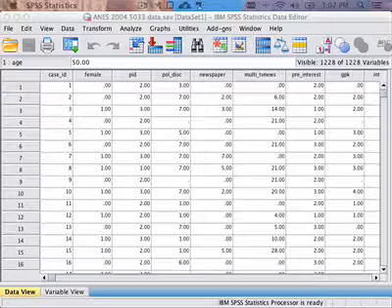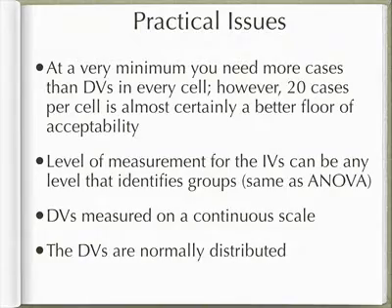So I think I have us leaving off. We talked about some practical issues, and remember when we're talking about MANOVA, it's a two-step process.